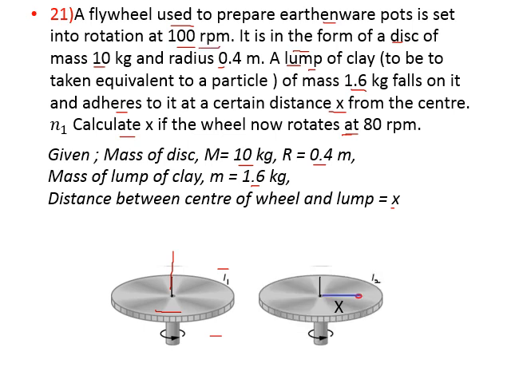Now, in the second case, imagine a lump of clay is dropped at a distance x from the axis of rotation, and the moment of inertia about this axis is I2, where the speed is 80 rpm. By logic we can say that as the mass is increased, the speed goes on decreasing, which means we have to use the law of conservation of angular momentum.